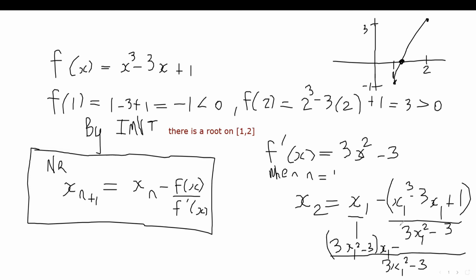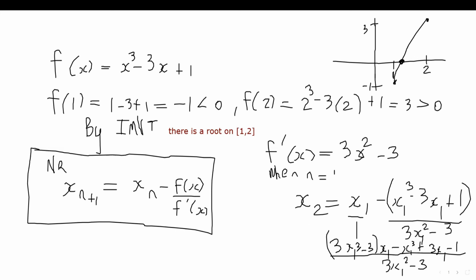Then we have minus all of this now. Minus x1 cubed is just minus x1 cubed. Then minus 3x1 becomes plus 3x1. And then minus plus 1 becomes minus 1.